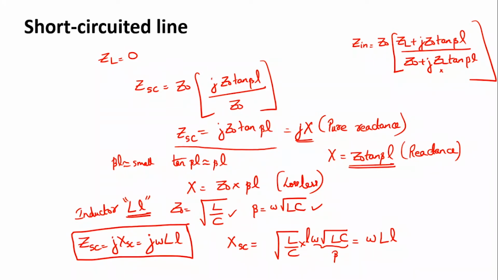So L into l is the total inductance value, where l is the length of the transmission line and L is the inductance value per unit length. From this we can prove that a short circuited transmission line can be considered as an inductor with inductance value L into l.